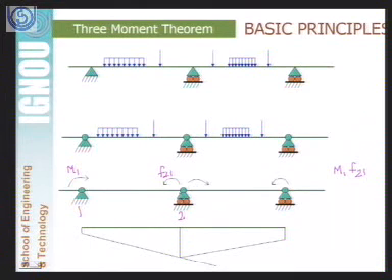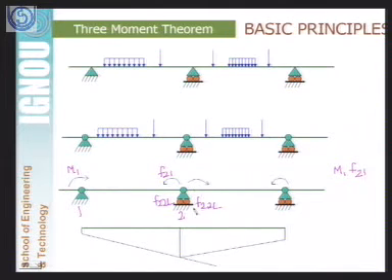Similarly friends, what will be F22? On the left side of this node and on the right side of this node the rotations will be different, so we will call them F22L and F22R. F22L is the rotation at node 2 in the left part because of the unit moment given at node 2.